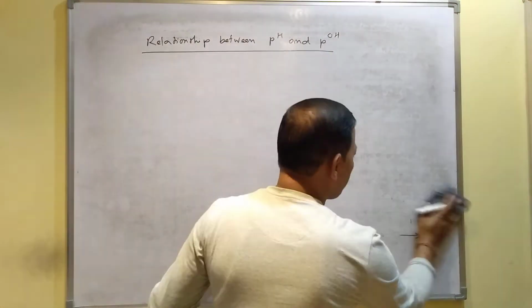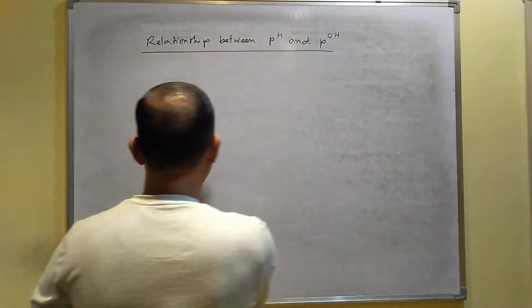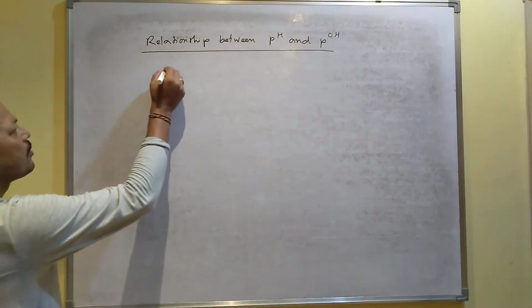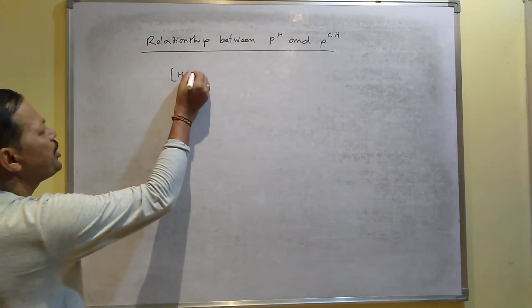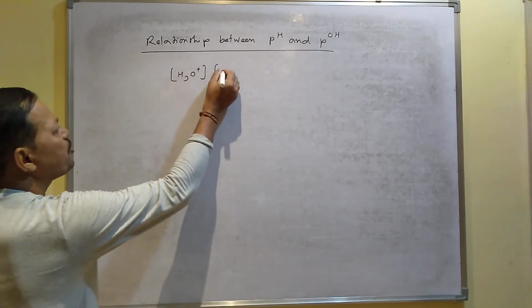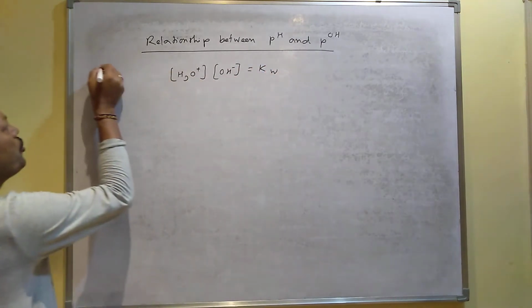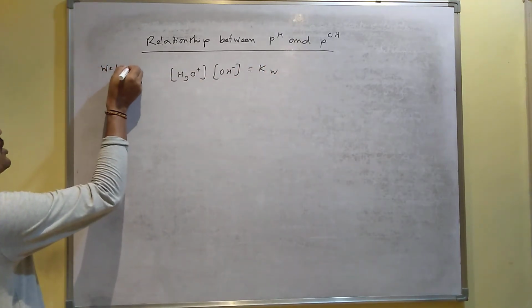In the ionic product of water, which we did in the last class, you have got a relation: concentration of hydronium ion into concentration of OH minus ion is equal to Kw. We know it. Already you have got this relation.